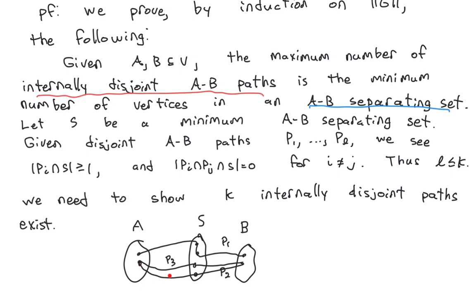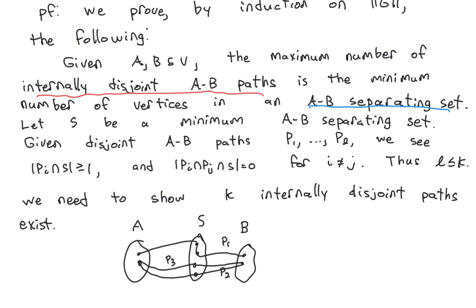So they can share an endpoint in A or an endpoint in B. It's also clear from the picture that we are requiring the paths to have a start in one set and end in the other. And similarly, we see what a separating set is. It's a set S whose deletion disconnects the graph, leaving A and B in separate components.